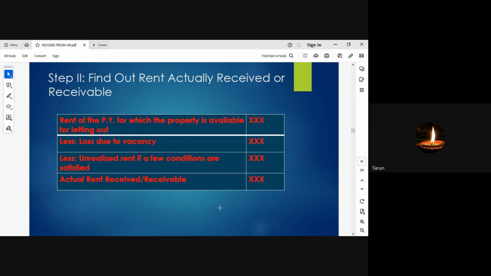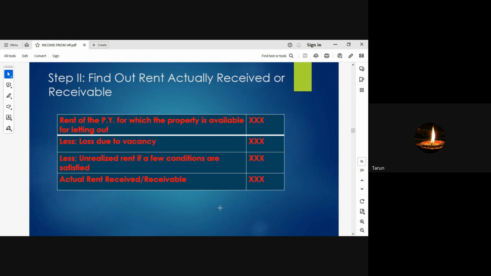Unrealized rent is the rent which has not been recovered during the particular period. That amount has to be deducted from the rent of the previous year.